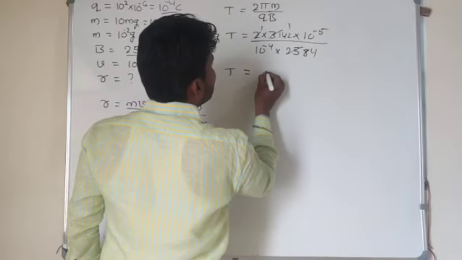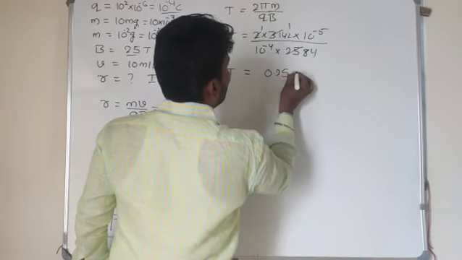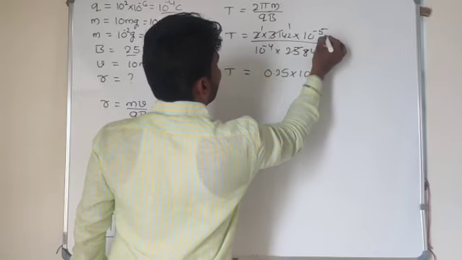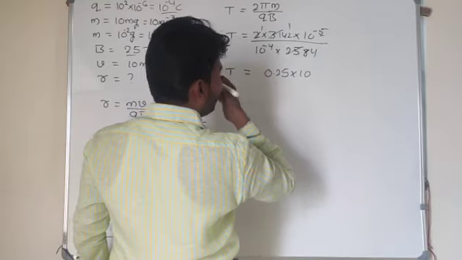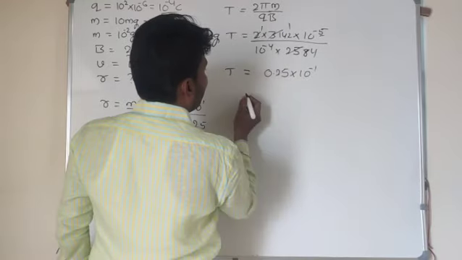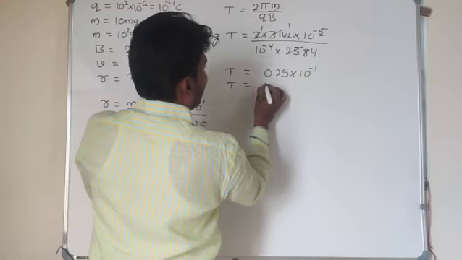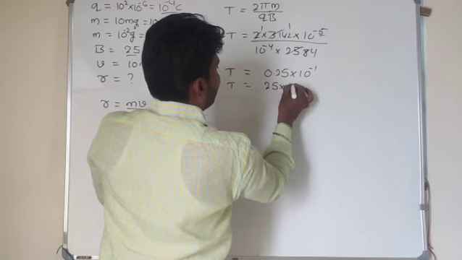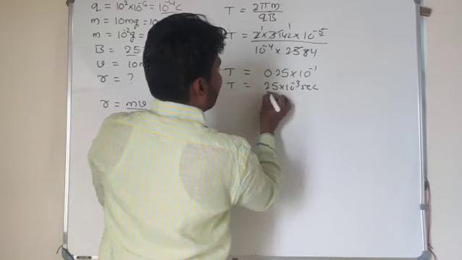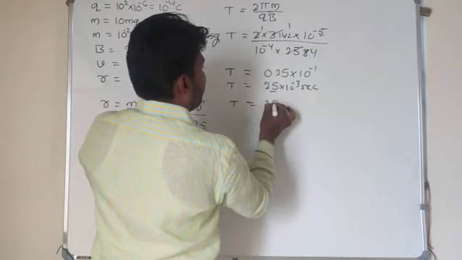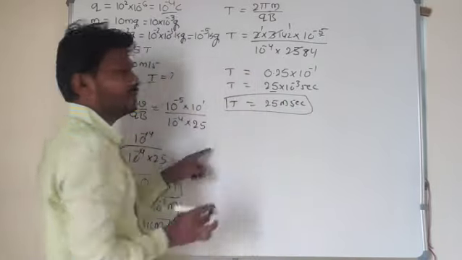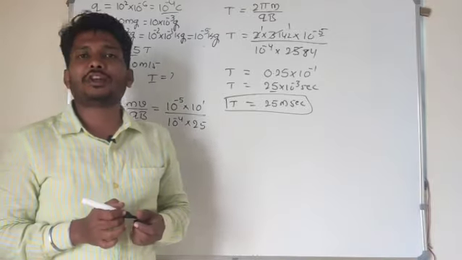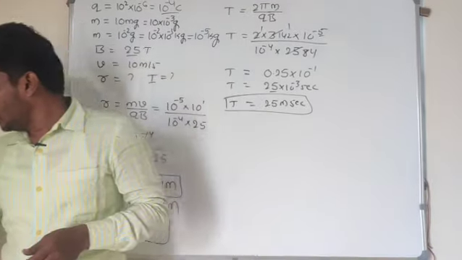So that is 0.25 into 10 to the power of minus 5 in the numerator and minus 4 in the denominator, plus 4. So that is 10 to the power of minus 1, or 25 into 10 to the power of minus 3 second here, or 25 millisecond I can consider. This is the time period of revolution of the charged particle. We'll look at the next one.